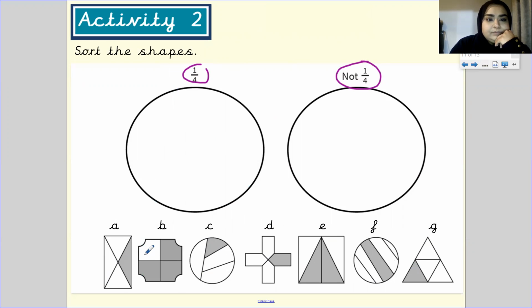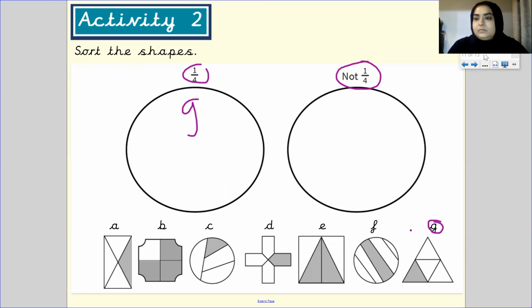Okay? So you need to make sure you split it correctly. So for example, G is 1/4 because I've got 4 equal parts, which means quarters, and I've shaded in 1, so that means that is 1/4.